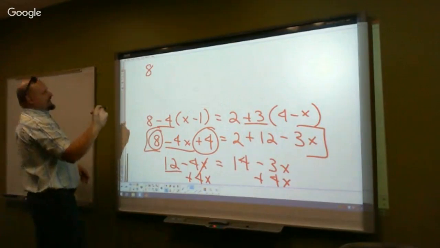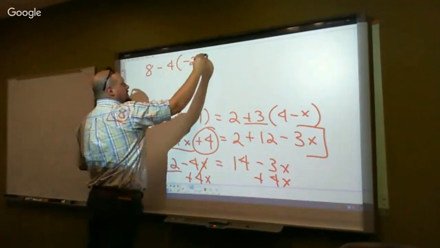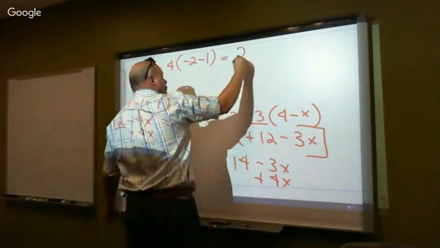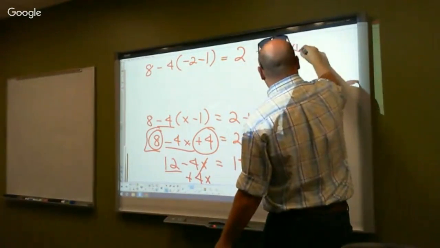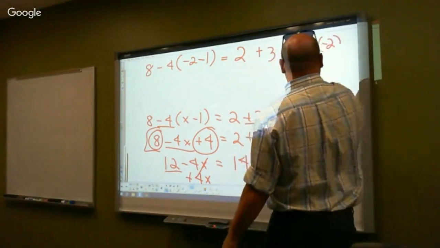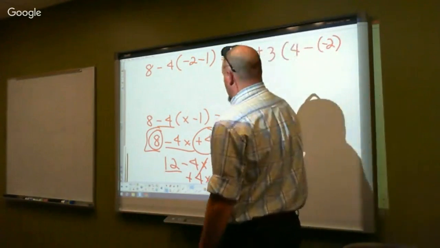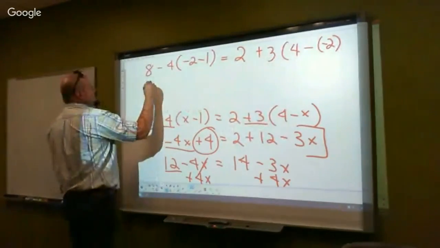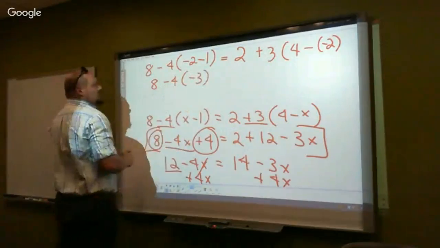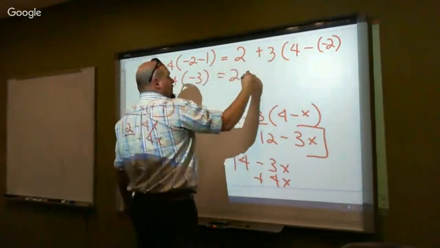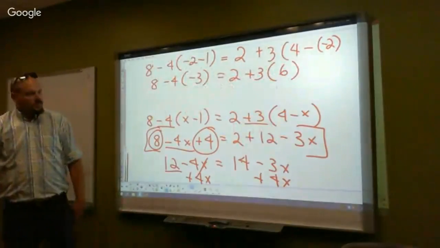8 minus 4 times -2 minus 1 equals 2 plus 3 times 4 minus a -2. Are we solving that right now? Yeah, we're checking our answer. So now we have 8 minus 4 times -3 equals 2 plus 3 times 12.